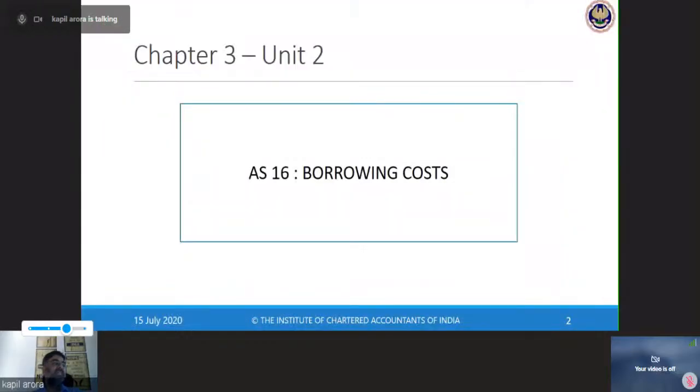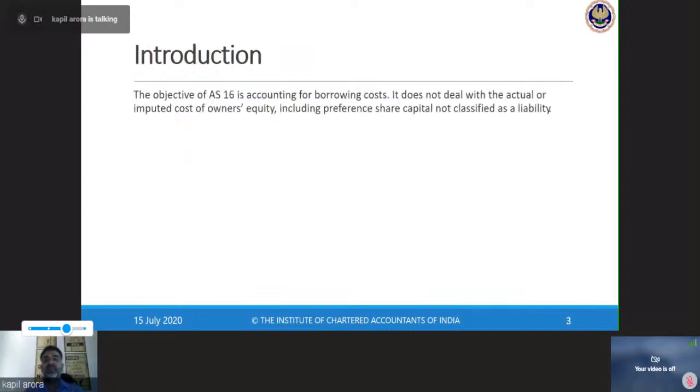So AS 16 talks about whether those interest or borrowing costs can be added to the value of the asset. The answer is yes, but only and only when the criteria are met. So it talks about accounting for borrowing cost.